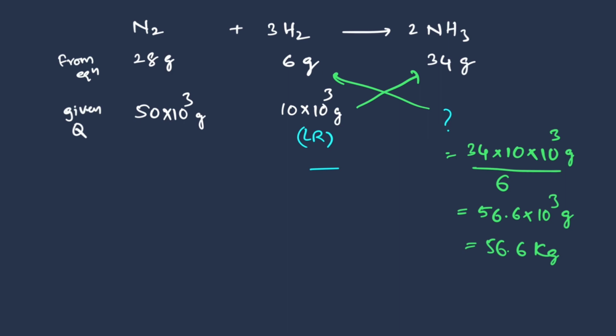By practice you can remove the number of steps, and in 1 or 2 steps you can calculate. But for practice purposes, what is required first? Step 1, step 2, step 3, step 4, step 5, step 6. But generally you can do it directly by the molar ratio step. You can directly answer, but it takes some time. First, practice is required. Then all the steps you can eliminate, and directly you can use the molar ratio step and calculate the answer.